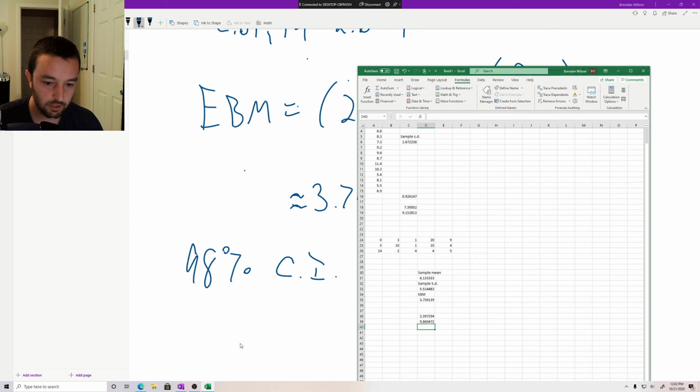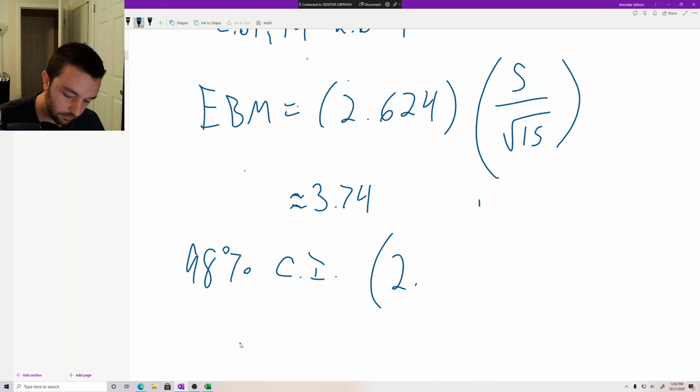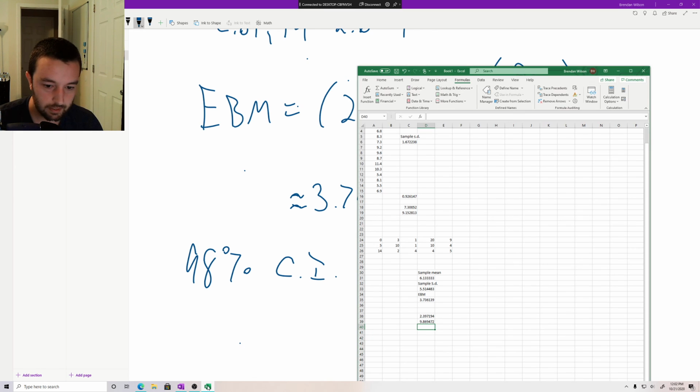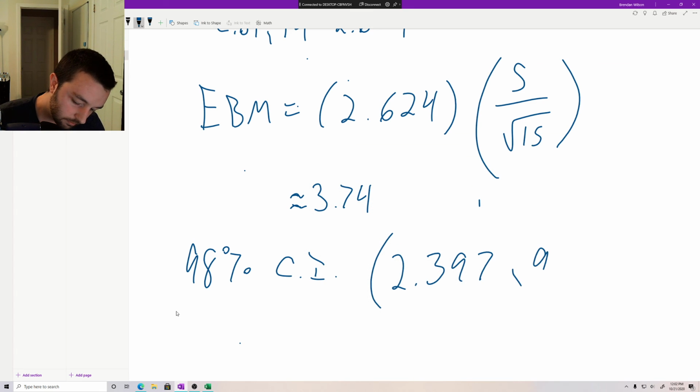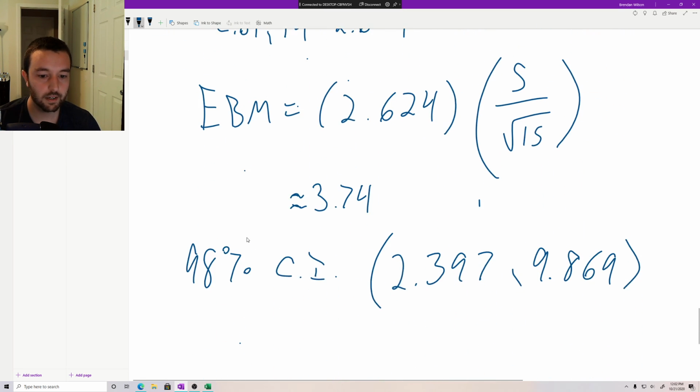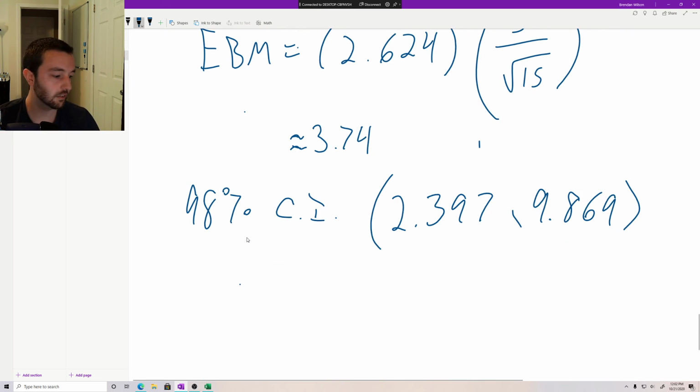Okay, 2.397 to 9.869. So this would be our confidence interval, our 98% confidence interval.